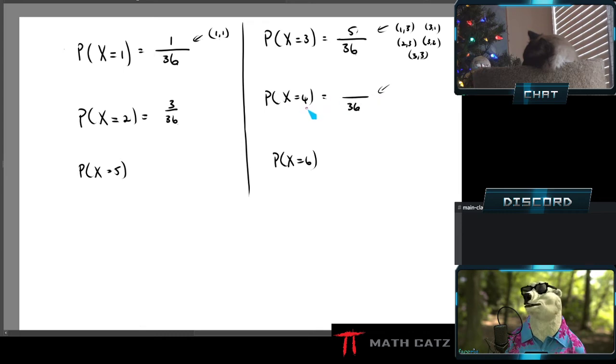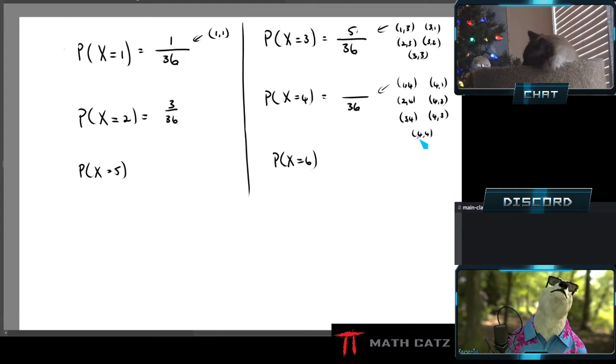So now x equal to 4 represents the event that the largest number is a 4. How can I get that? By counting pairs, because I need to count equally likely things. 1, 4 or 4, 1 would give me a 4. 2, 4 or 4, 2. And you see, just listing them is not hard. We won't do it for all of them once you see the pattern. So there's one exception for the double, and the others can be swapped to give me 7.